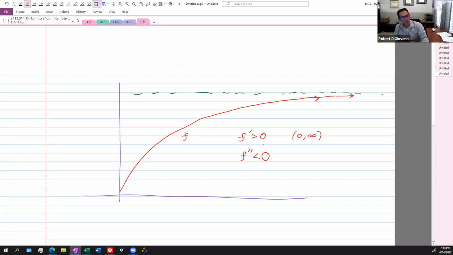We don't want that. If I change that and tell you it has to be positive, could it be this picture? It can't be this picture, right? It would actually have to go like this now. And that could never be bounded above, because you would still have to increase, but you'd always have to look like a smile. So there's no way you could be asymptotic.